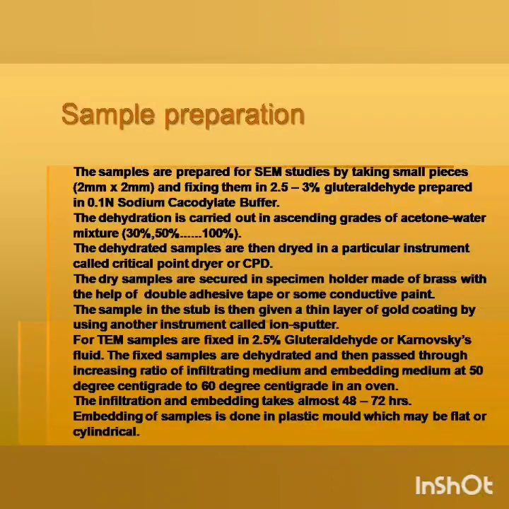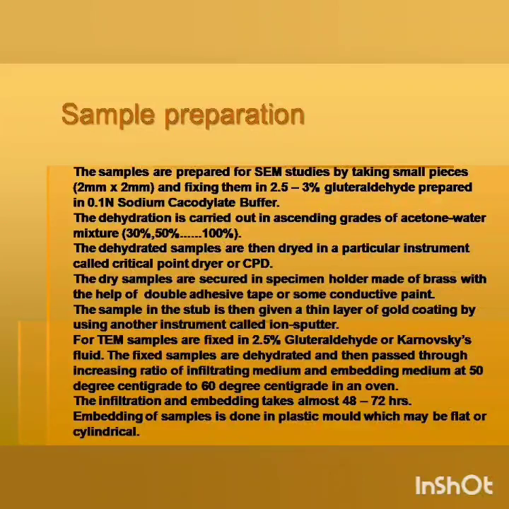In our laboratory, we have developed another alternative method with the help of a chemical called tetramethylsilane, TMS, which can dry the samples just like critical point drying by taking into consideration the simple chemical and physical properties of the compound.